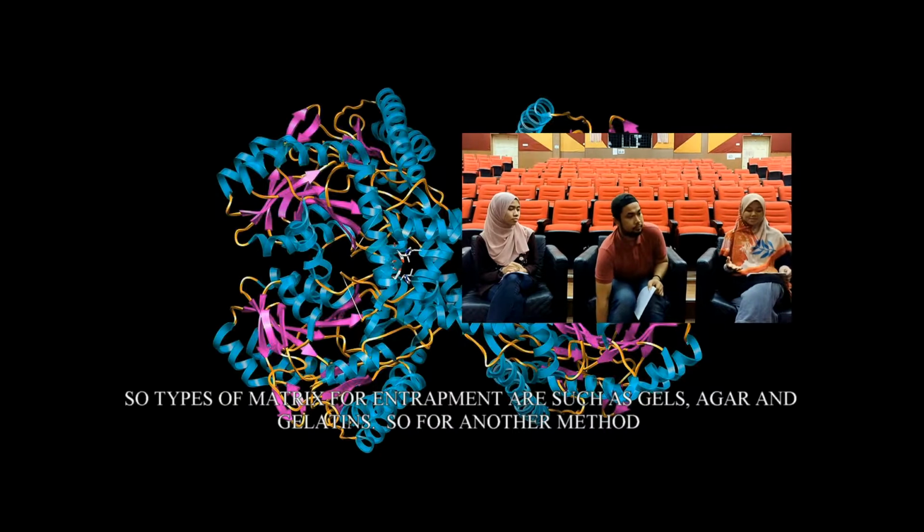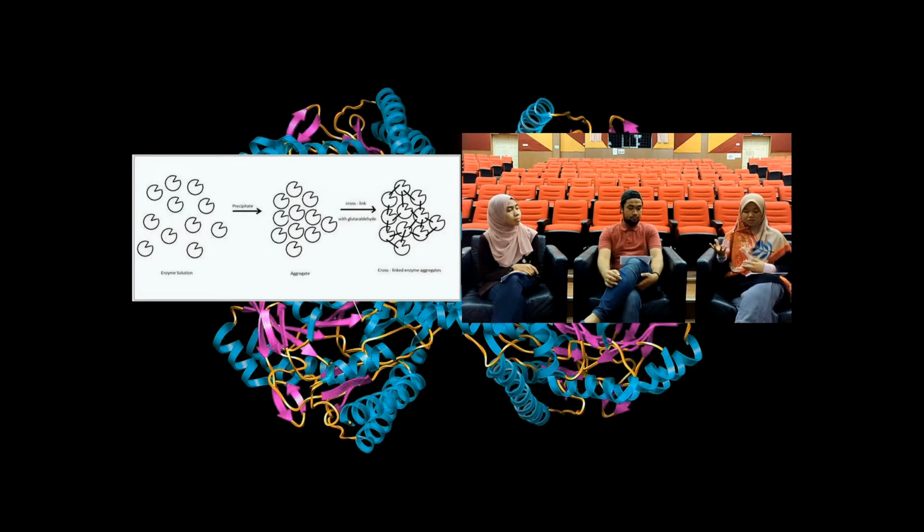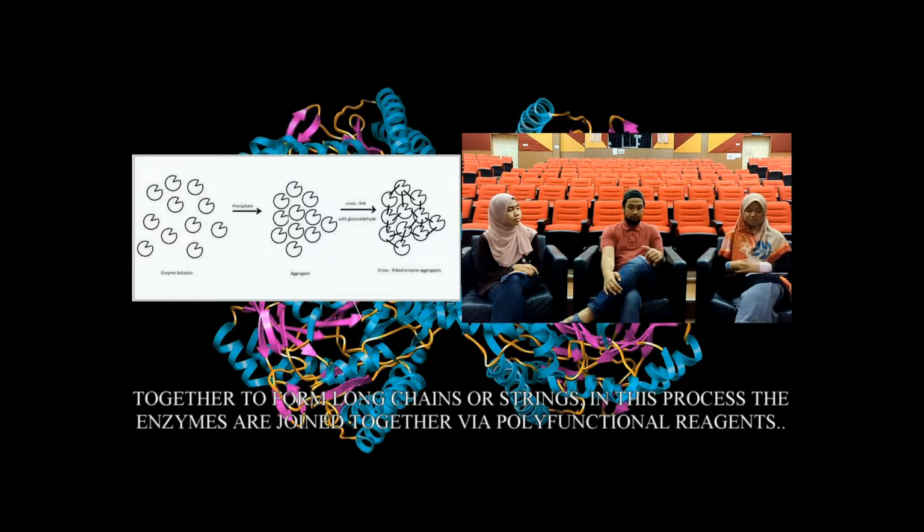So for another method, the cross-linking. It is also known as the copolymerization process. The subunits join together to form long chains or strands. In this process, the enzymes are joined together via polyfunctional reagents.